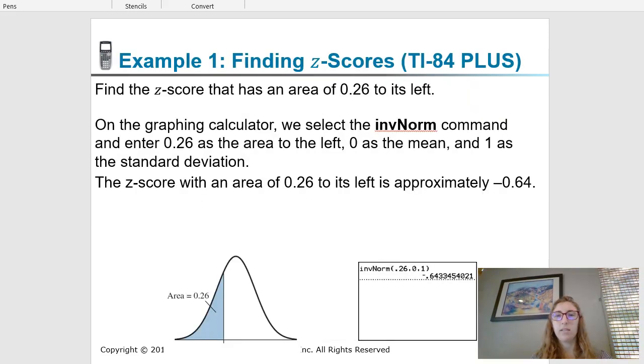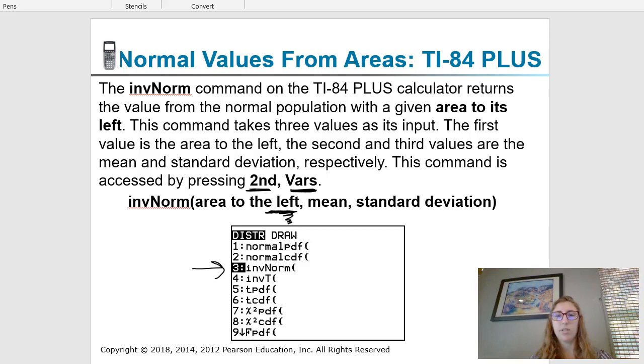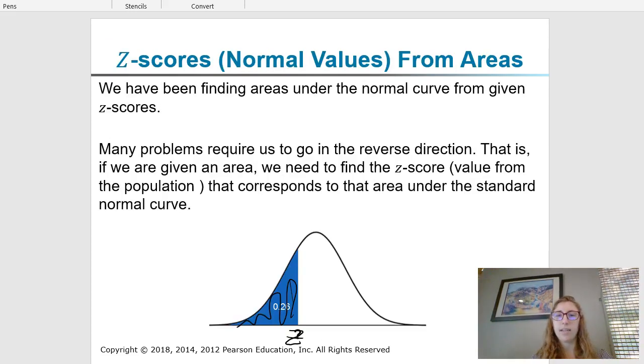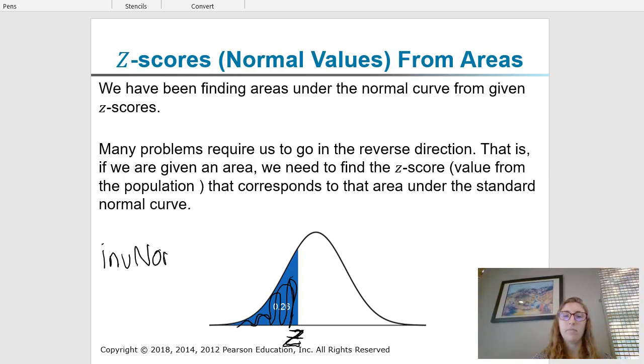So let's look, oops, don't want to show you the answer to that yet. So let's go back here. Okay, if we want to find the z-score such that the area to the left here is 0.26, we would be using our invnorm. Invnorm finds us z-scores or data values. Then we need to put the area to the left.